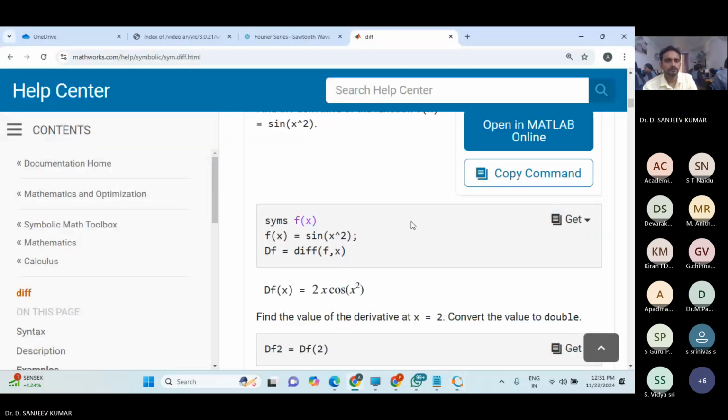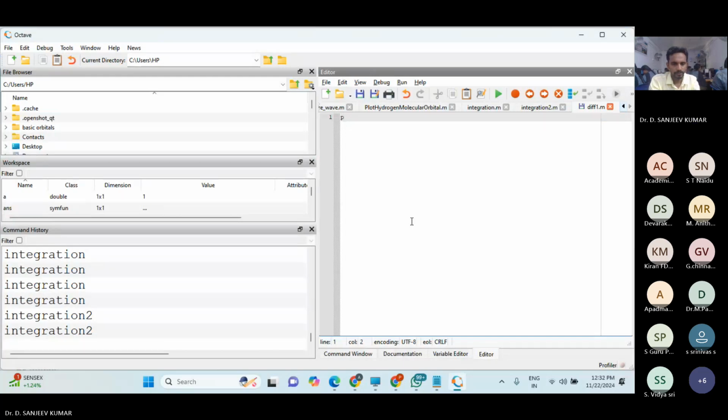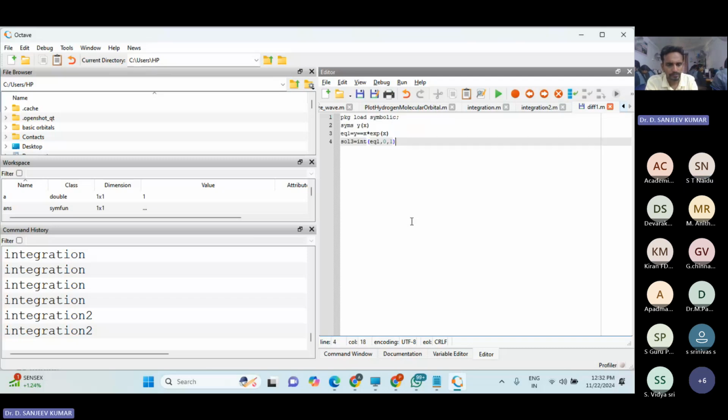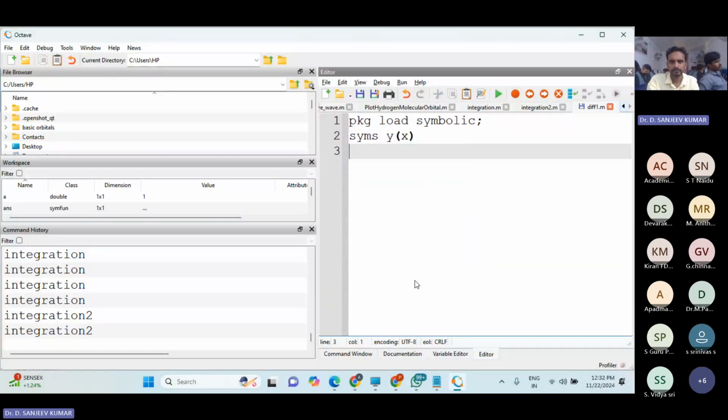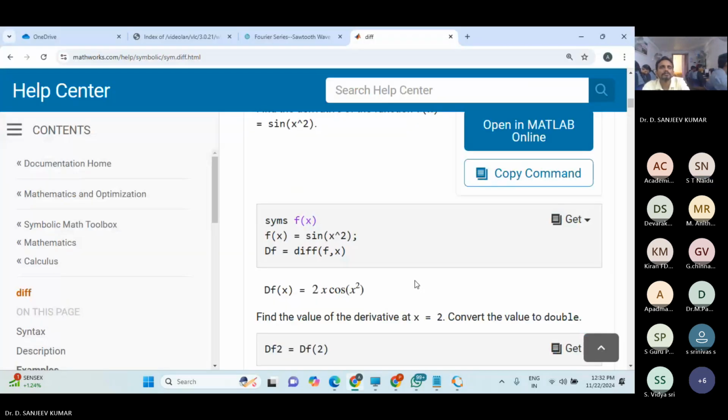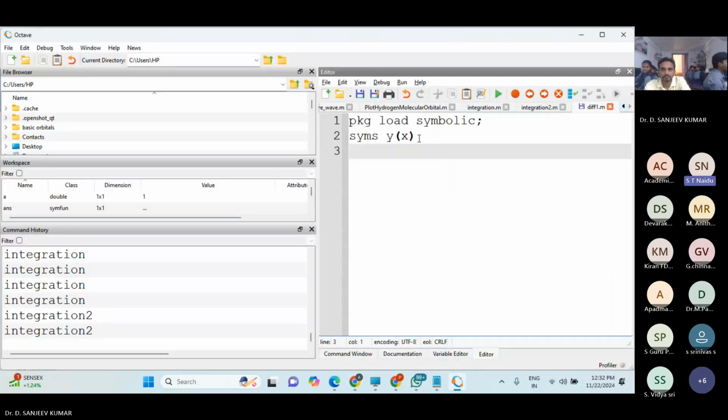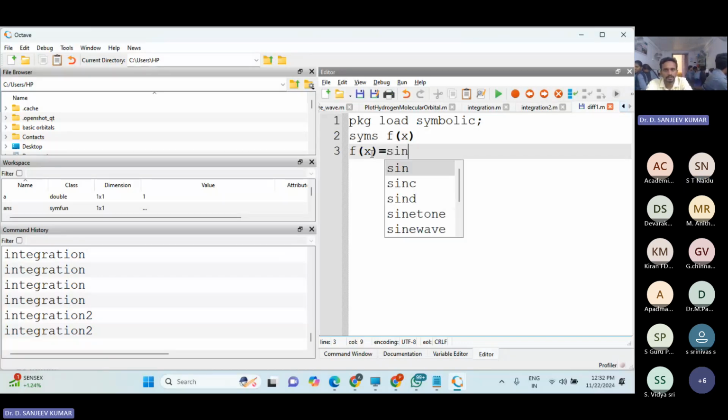So pkg load symbolic. syms f of x. f of x is equal to sine x square. And this we come across while solving particle in a box related problems.